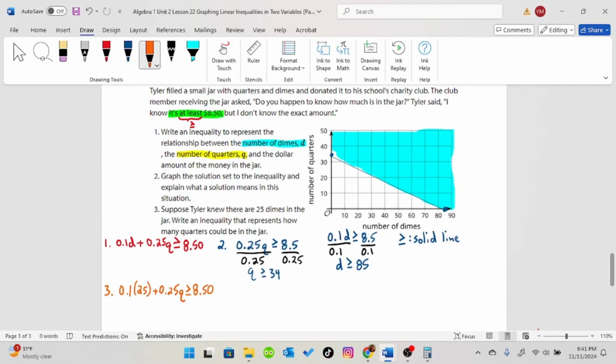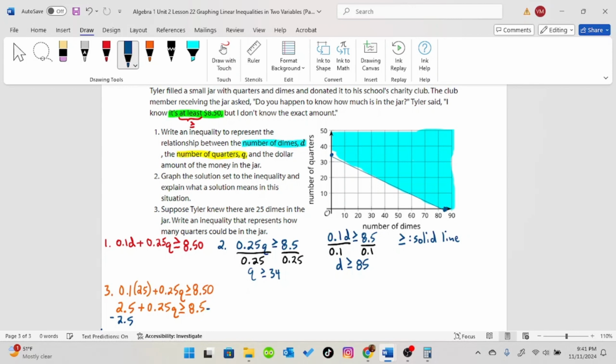Now, we know that 0.1 times 25 would be 2.5. Next, the opposite of positive 2.5 would be minus 2.5.